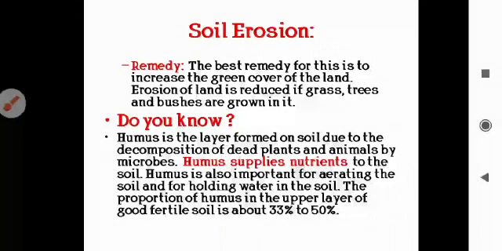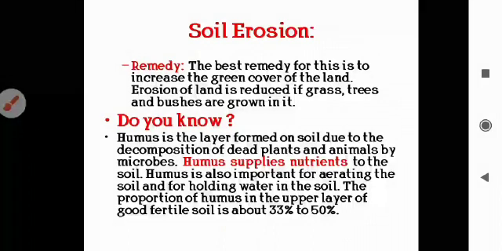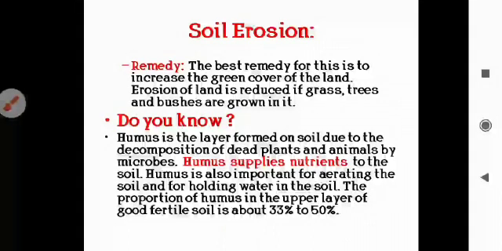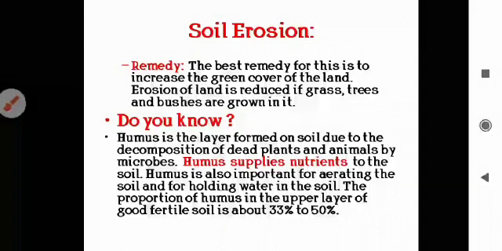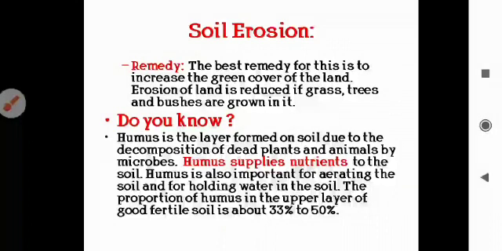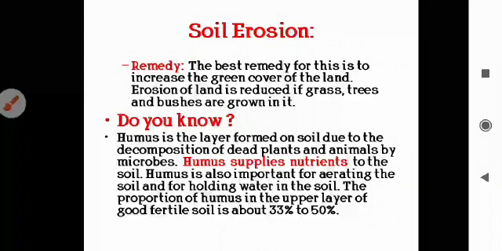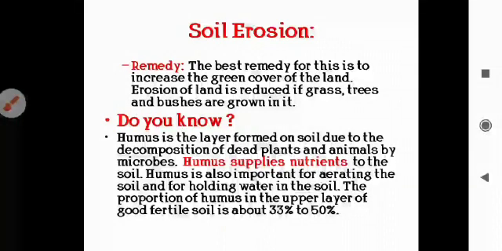Do you know about humus? Yes, humus is the layer formed on soil due to decomposition of dead plants and animals by microbes. Humus supplies nutrients to soil. If there is humus in the soil, plants can grow properly.